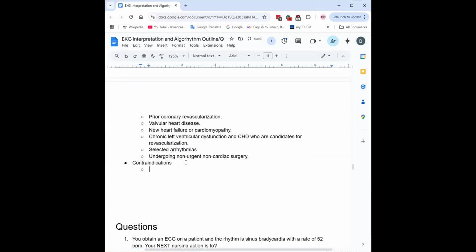It's not a trick question. If a patient's having an MI, no worries. If a patient's having an MI, do you want to do a stress test?